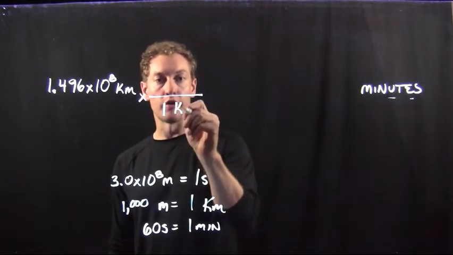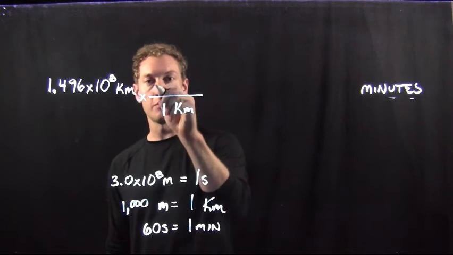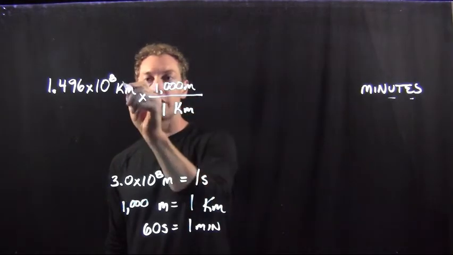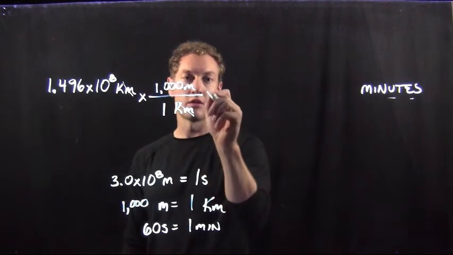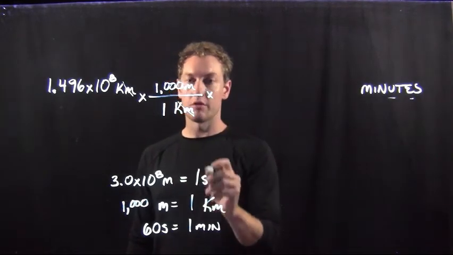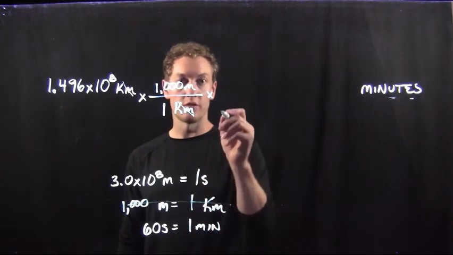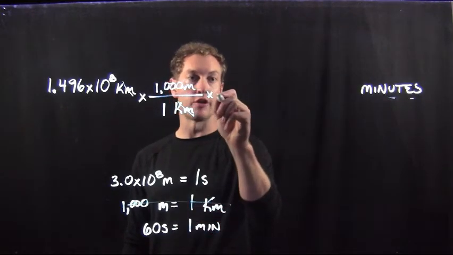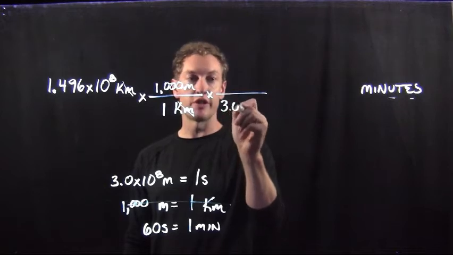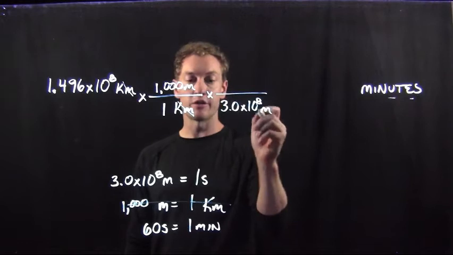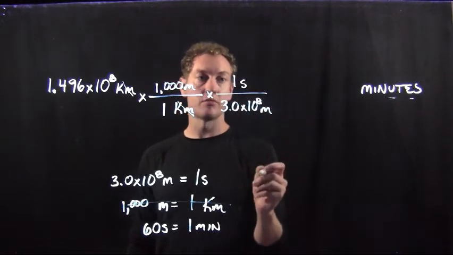We'll put 1 kilometer on the bottom and 1,000 meters on top. Kilometers divide away. Times, let's see, what's our next step? We use that fact. And then we can multiply it by our 3.0 times 10 to the 8th meters for every 1 second.